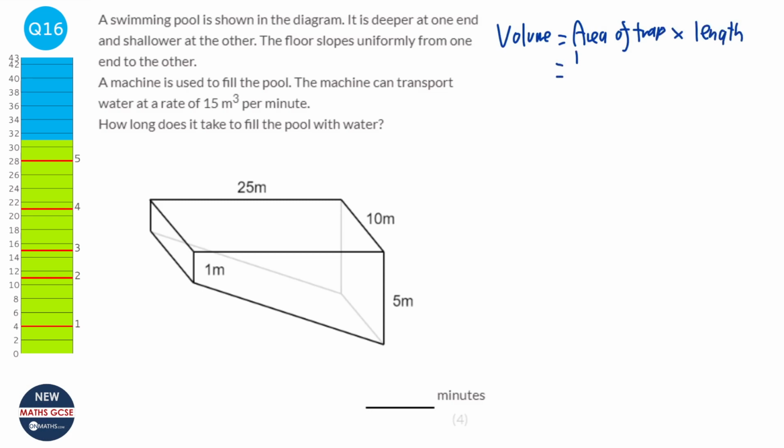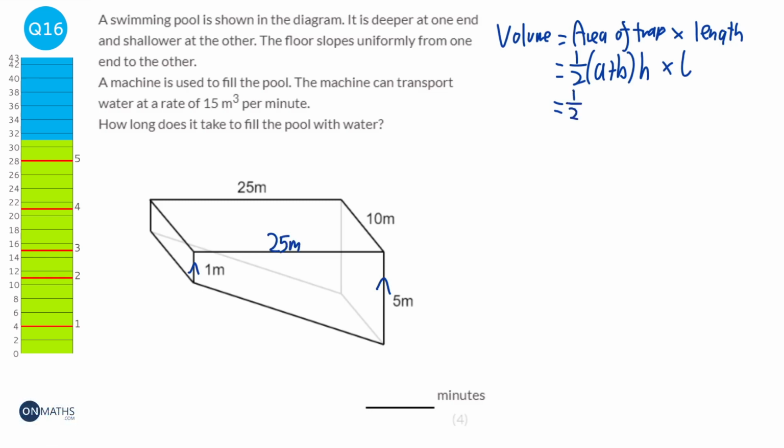So trapezium is half A plus B H, and then times the length. Now A and B are the two parallel sides, which will be this one and this one. And then the H is the perpendicular line that hits both of them at 90 degrees, which is what perpendicular means, between the bases. So this will be the 25 meters here.